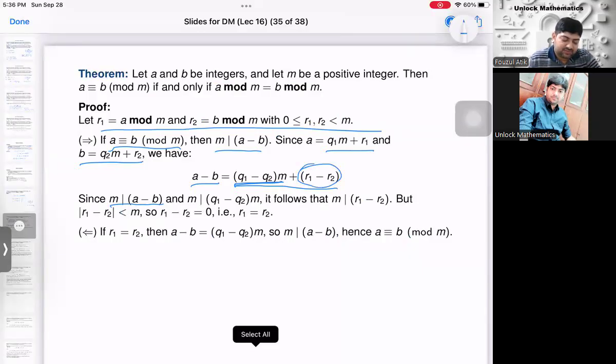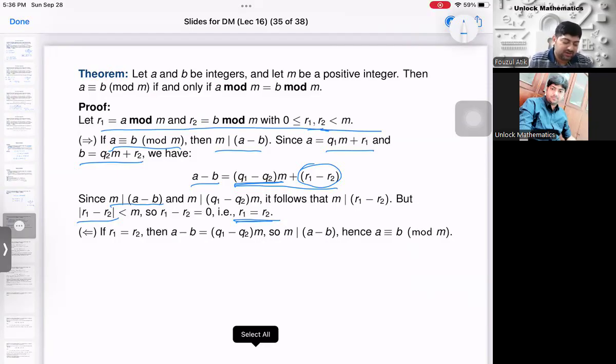But R1 and R2 are both less than M, so the modulus of R1 minus R2 must be less than M. That is possible only when R1 is equal to R2, so R1 minus R2 must be 0. This proof is not that important, but it is easy.